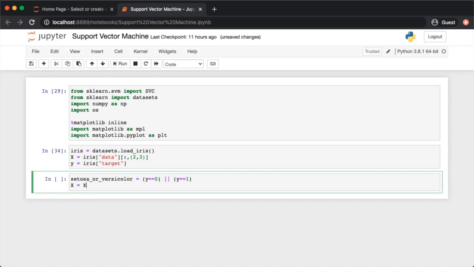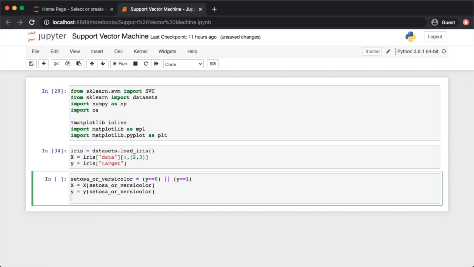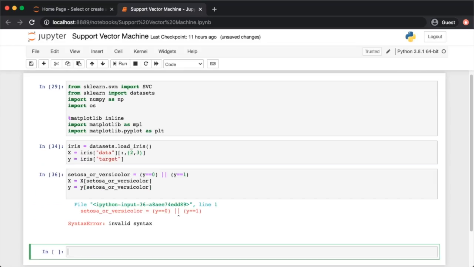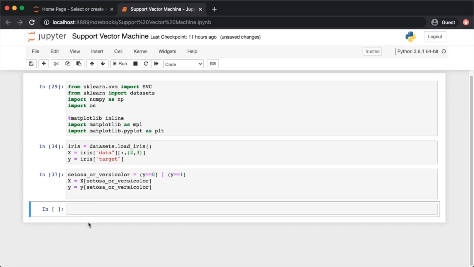I'll extract the x's that correspond to those indices, as well as their associated target values.